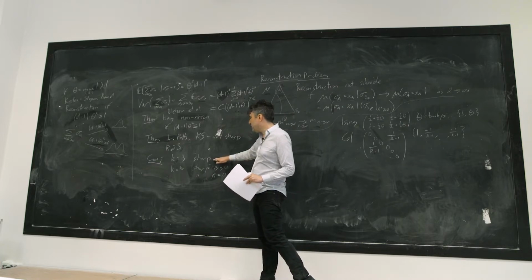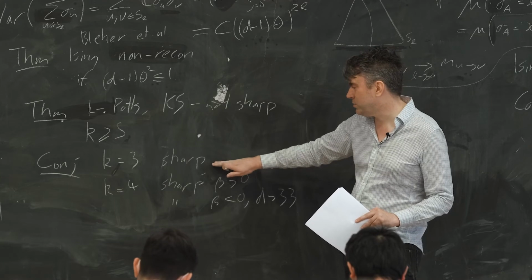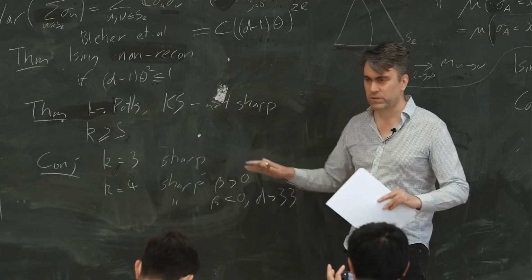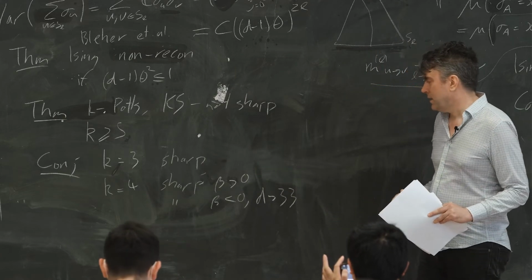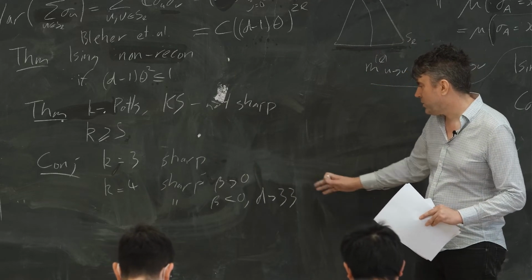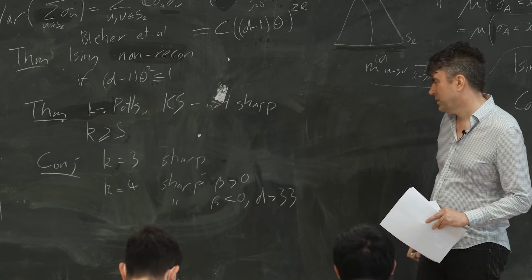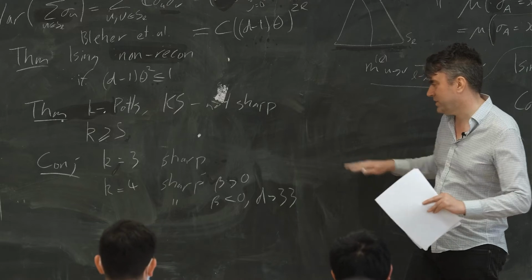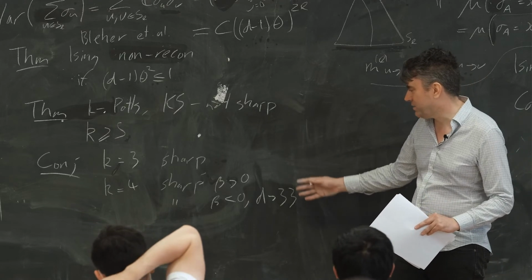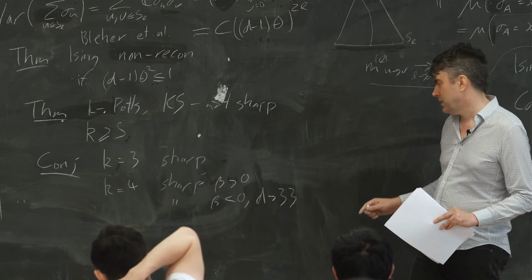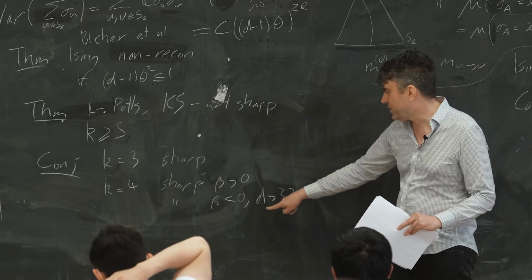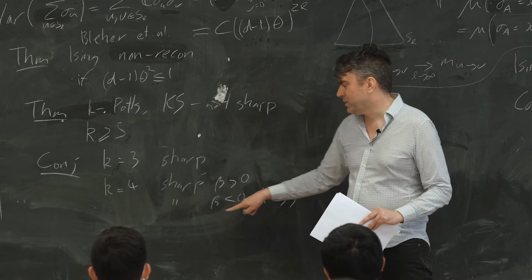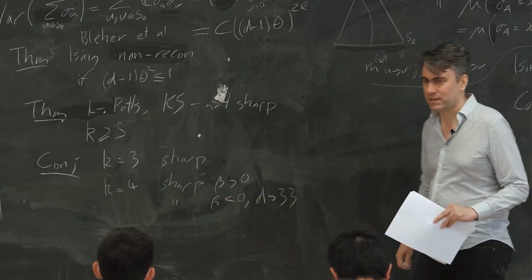So the K equals 3 case is known for d large enough, but not for small values of d. The K equals 4 case, Yuting Sun has recently, but not finished writing it up, proved this again for d very large, and showed that when d is less than 32 and beta is negative, then the reconstruction problem is not sharp in that case.